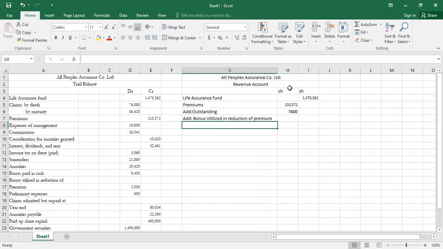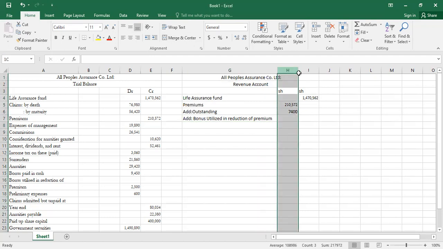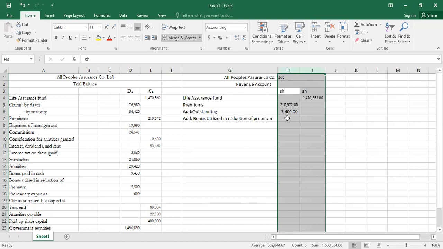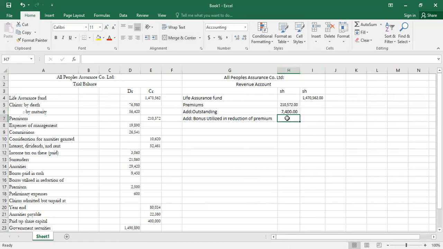The amount is also these two rows. I can convert them into money. It is 1.5, right? 1.5. So you add all this, we are getting 219,472.